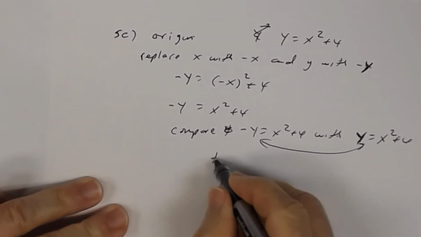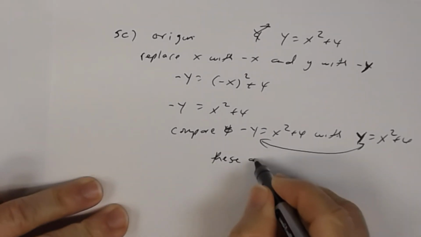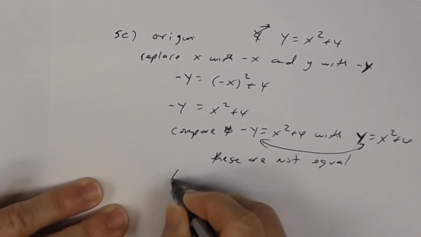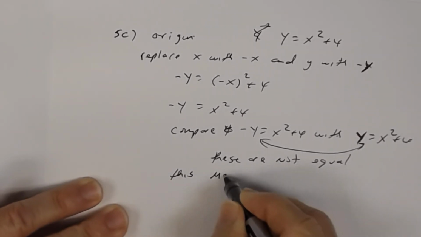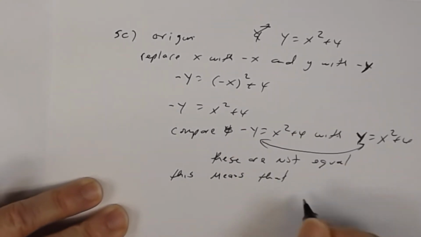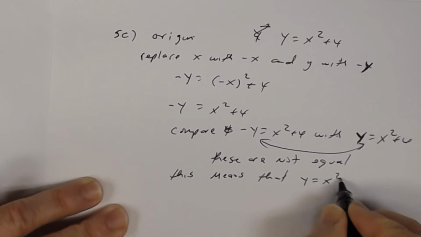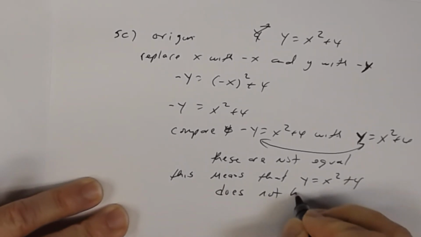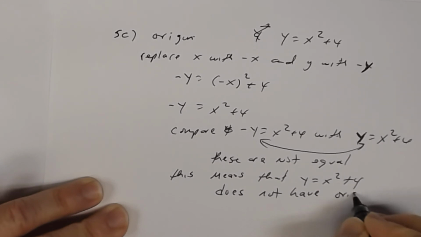So these are not equal. This means that y equals x squared plus 4 does not have origin symmetry.